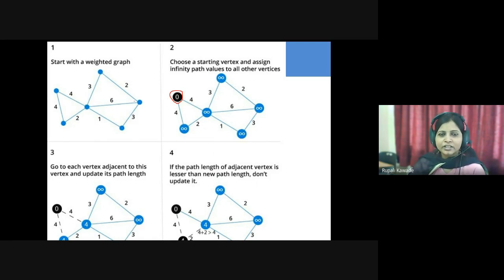Right now there are no numbers shown, just the weights for this particular graph. Our objective is to find the minimum path from this vertex to all the other vertices.